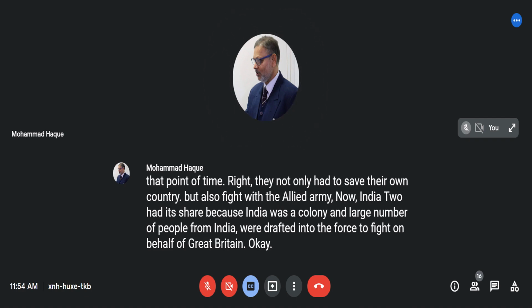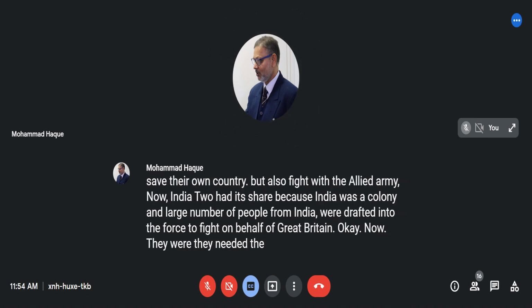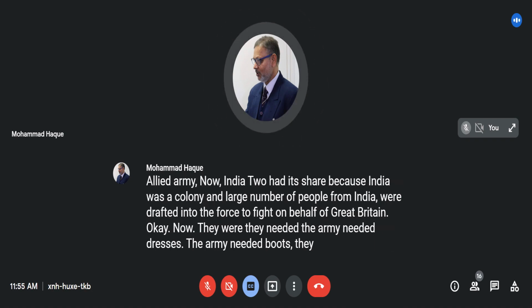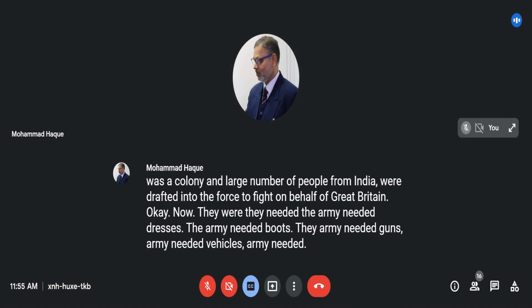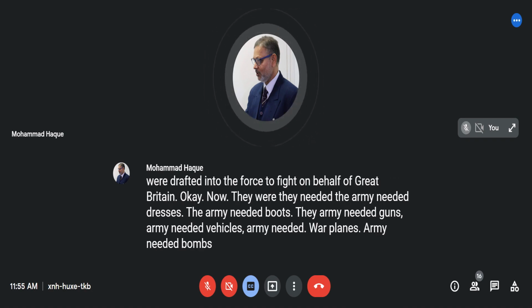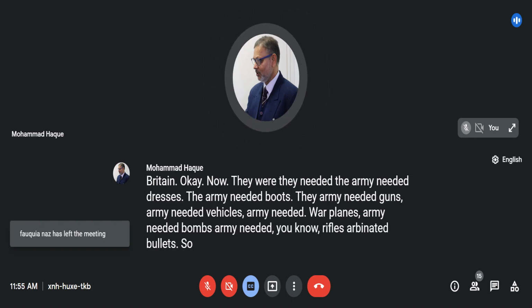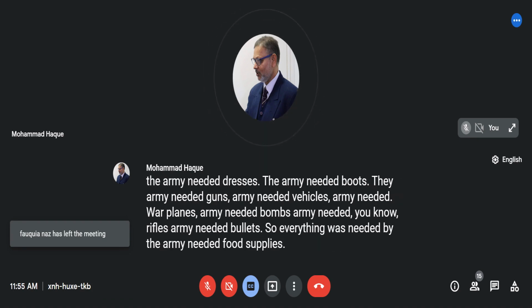Now, the army needed dresses, boots, guns, vehicles, warplanes, bombs, rifles, bullets. Everything was needed by the army. The army needed food supplies, and so on and so forth.